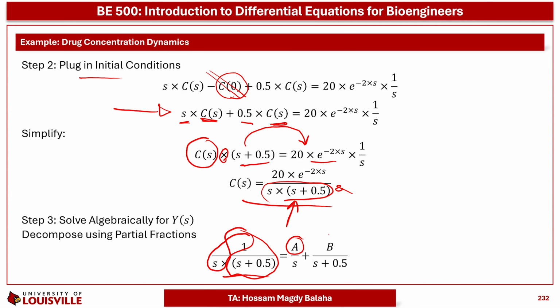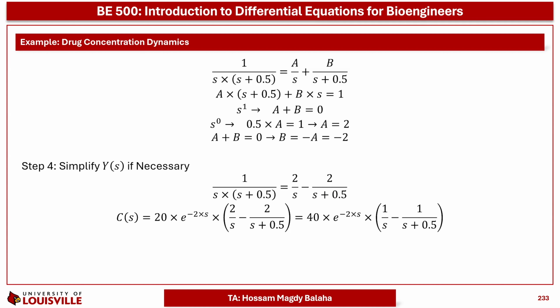Now we need to find the values of A and B. Simply multiply both of them. A multiplied by s plus 0.5 plus B multiplied by s equals 1. From that, let's get the coefficient of s raised to the power of 1, because it is the highest. So it will be A plus B, and there is nothing here, so it will equal 0.